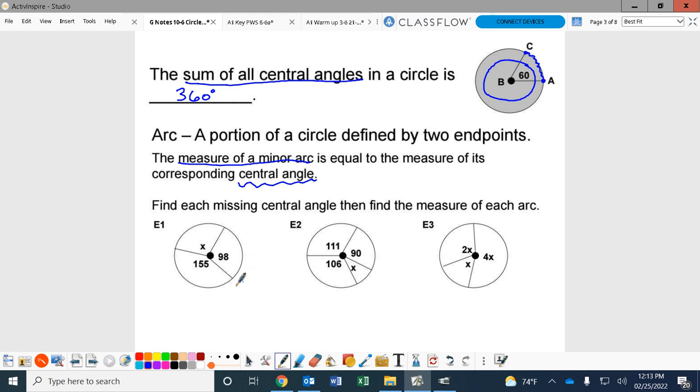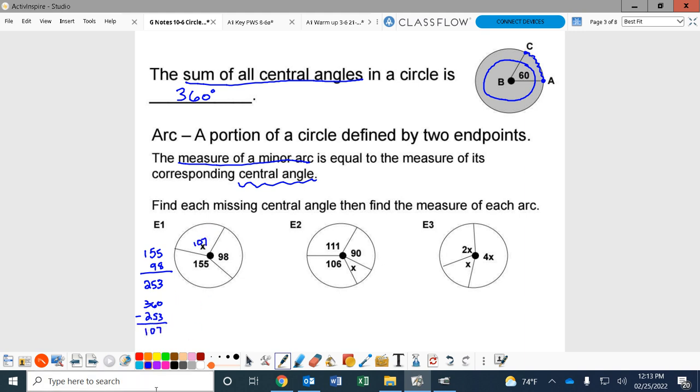Every circle adds up to 360, just like triangles, except instead of adding up to 180, you're adding up to 360. So you add the 155 and the 98. That's going to make it 253. And then 360 minus that 253 would leave you 107.